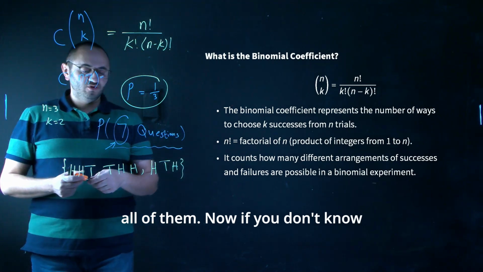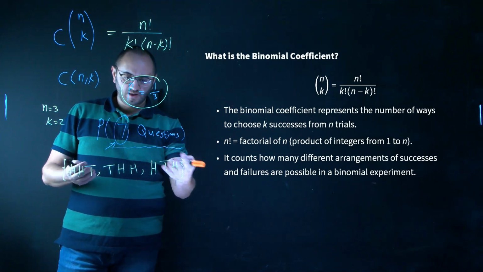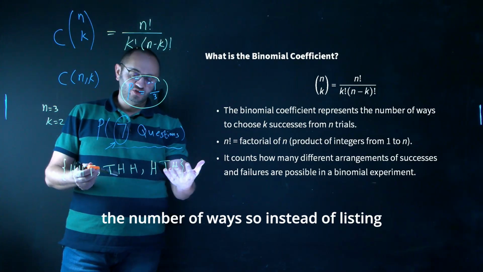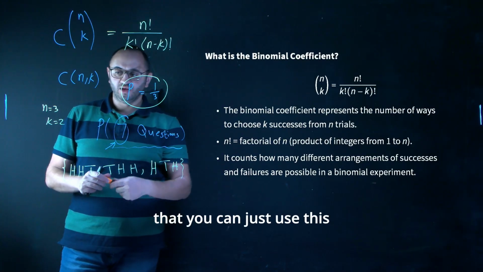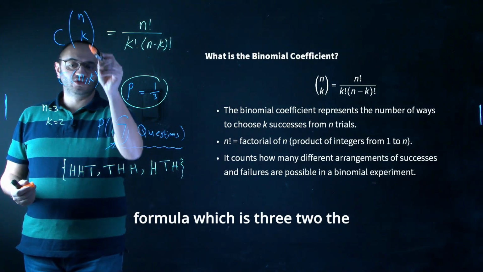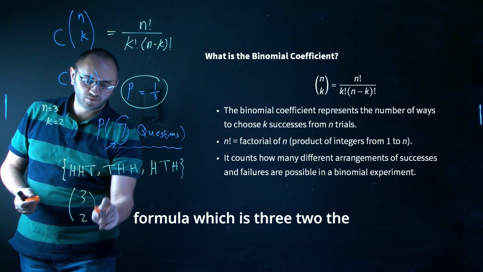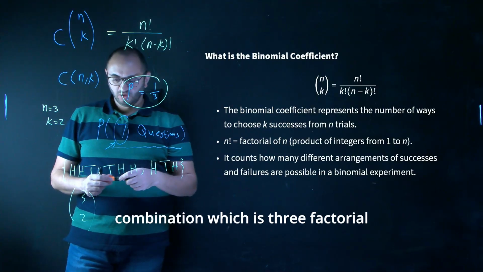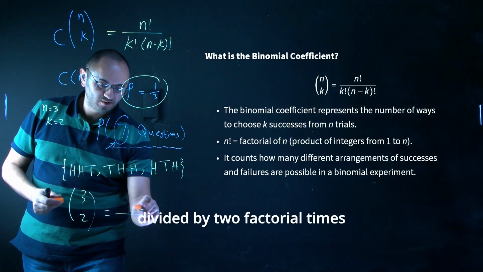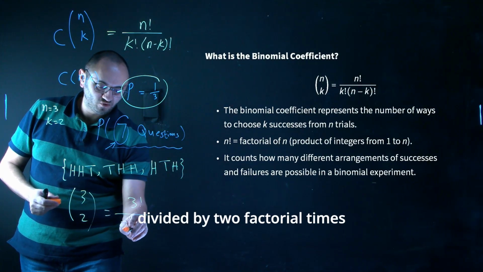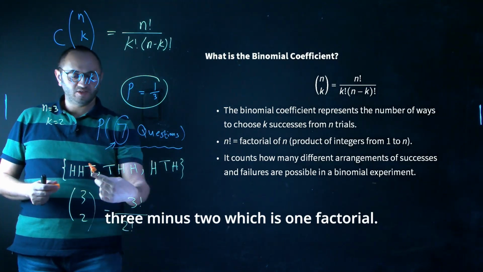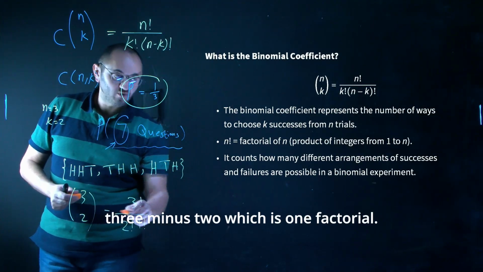Now, if you don't know the number of ways, instead of listing them, you can just use this formula, which is 3, 2, the combination, which is 3 factorial divided by 2 factorial times 3 minus 2, which is 1 factorial.